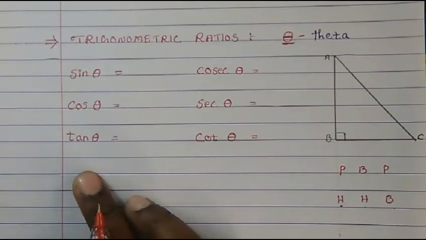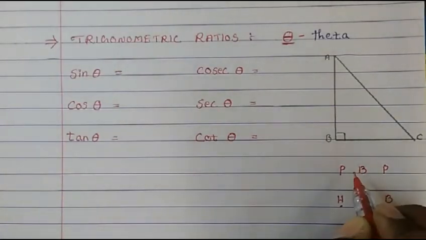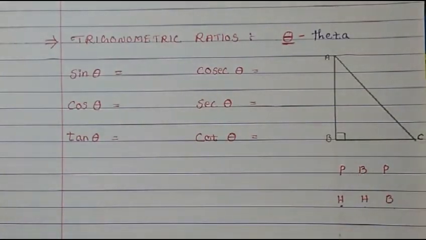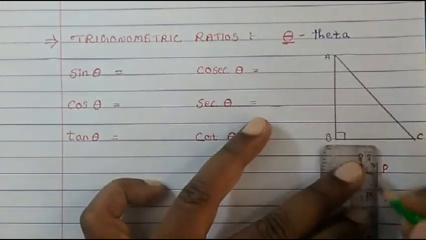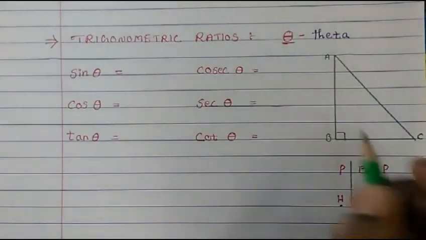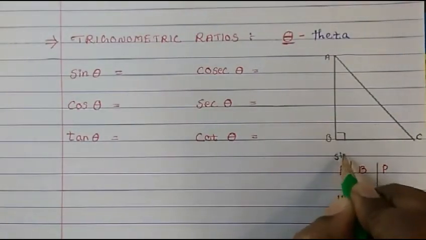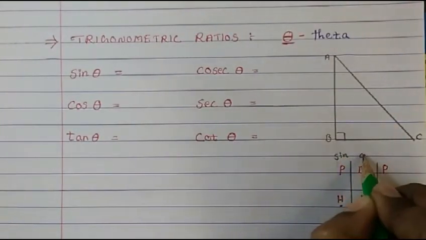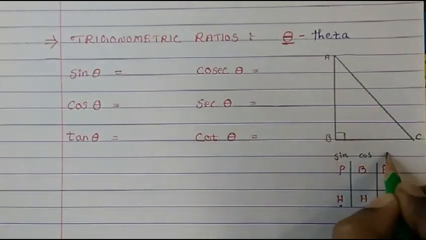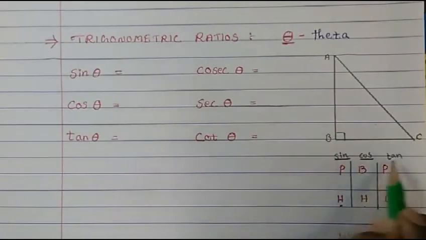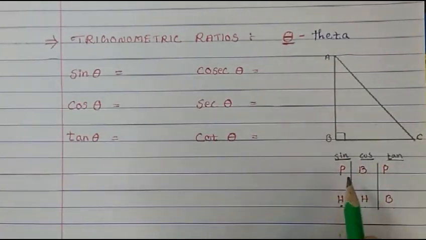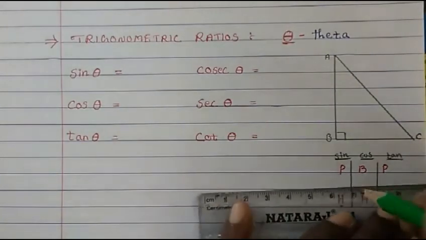So first comes sine, then cos, then tan. Sine, cos, tan. So sine means perpendicular upon hypotenuse.